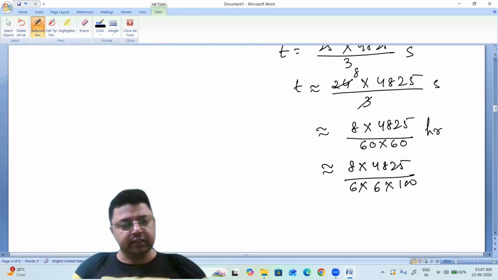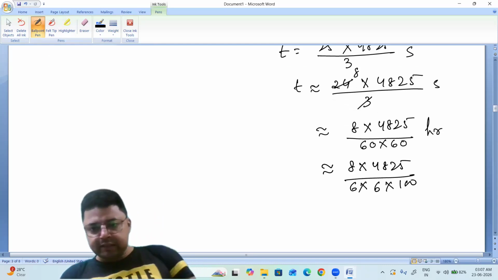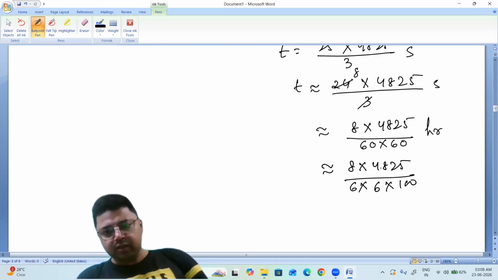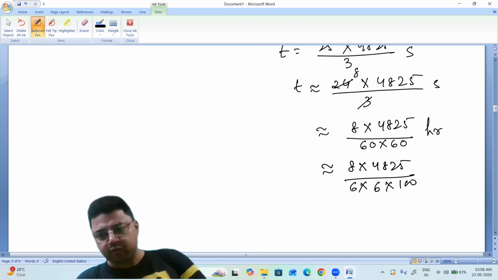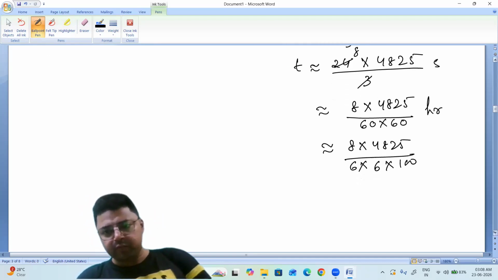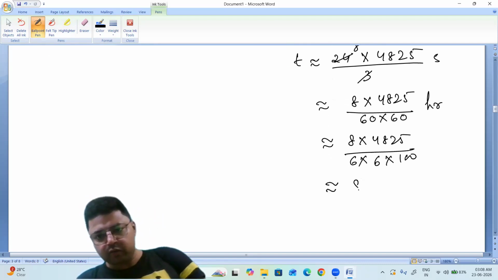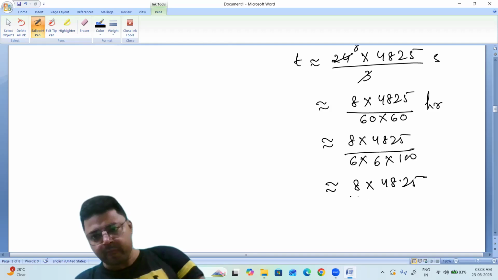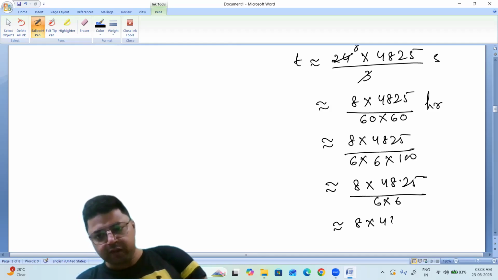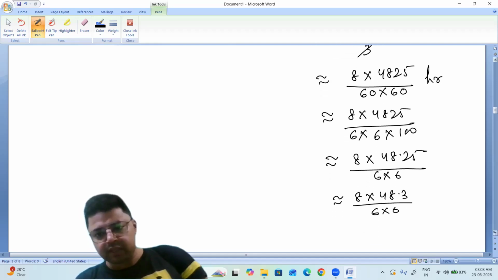Why am I converting this to 100? Because this 4825, you cannot easily divide it with 5. You can divide it with 5, but it will be hectic. So if I do it like 8 times 48.25 by 6 times 6, and if I convert 48.25 to 48.3, then solving becomes easier.